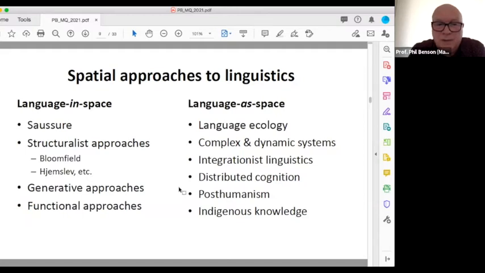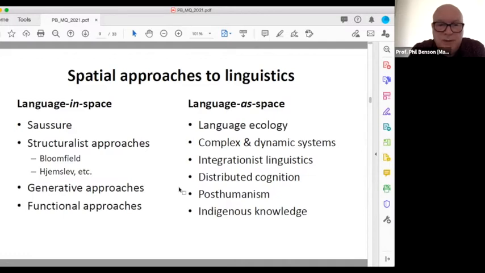We then have the structuralist approaches that emerged from Saussure in the 20th century, Bloomfield, Hjelmslev, and so on, various people who call themselves structuralists.